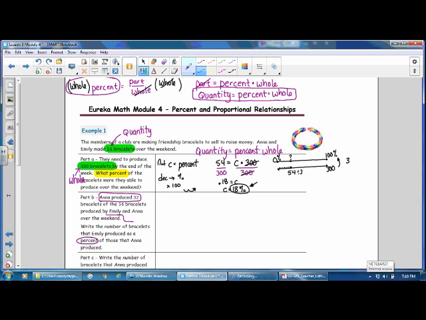So one of them is the quantity and one of them is the whole. What you're comparing it to is the whole. So we are comparing the number that Emily produced compared to these that Anna produced. So what we are comparing it to is the whole, and that would be Anna. And then the quantity would be Emily.